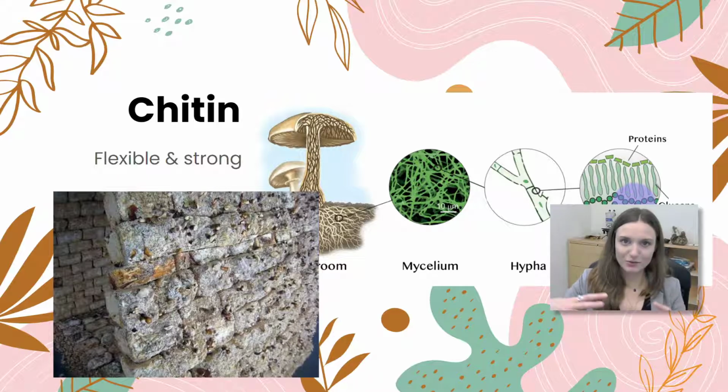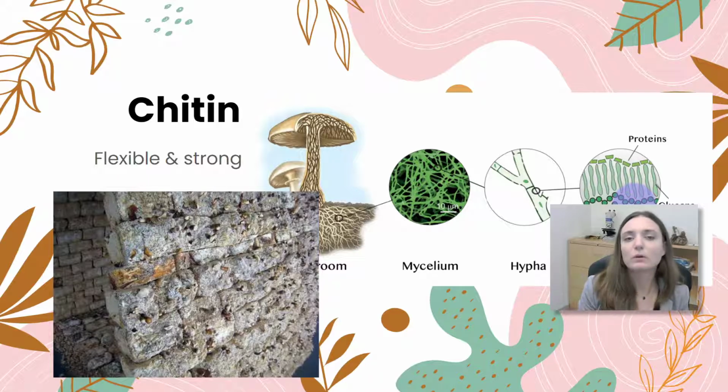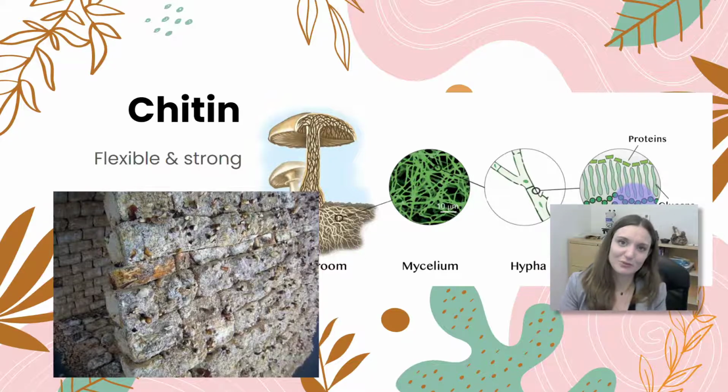And so fungal cells will often hydrate and then dehydrate, hydrate and then dehydrate. They'll change size relatively rapidly. And without this kind of flexible cell wall, this chitinous cell wall, they would basically burst open. So this chitin allows them to absorb nutrients and water at the same time, kind of inflate but not burst, and then it can shrink back down.